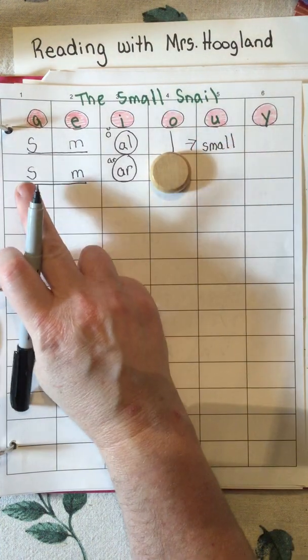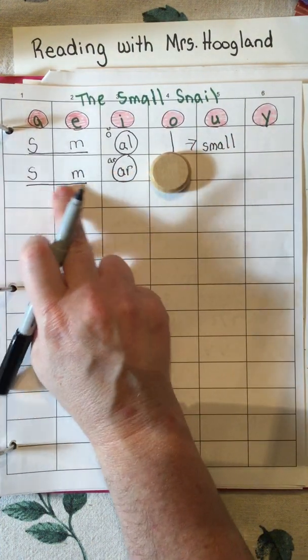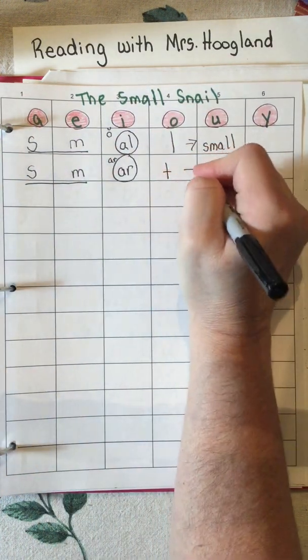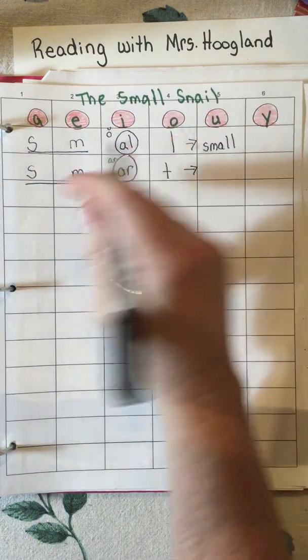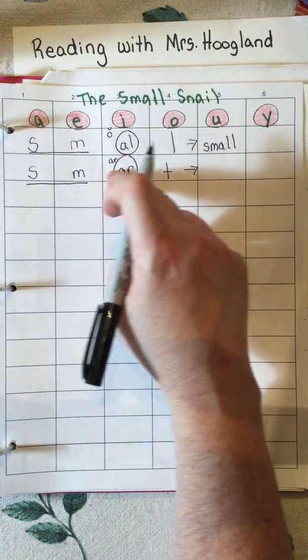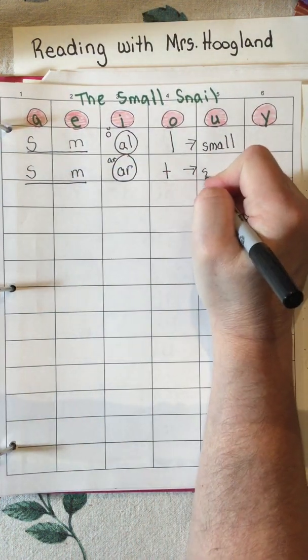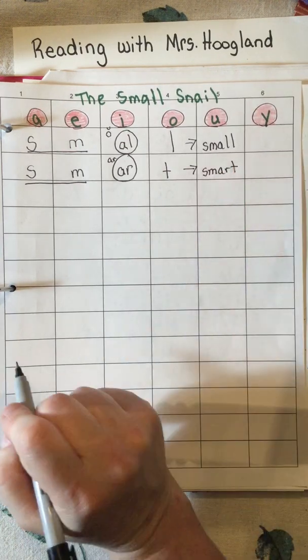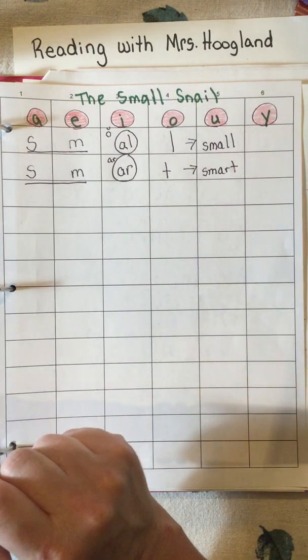And then the last sound is R, smart. We're going to blend it together. And we have smart, smart. I bet you've been considered smart.